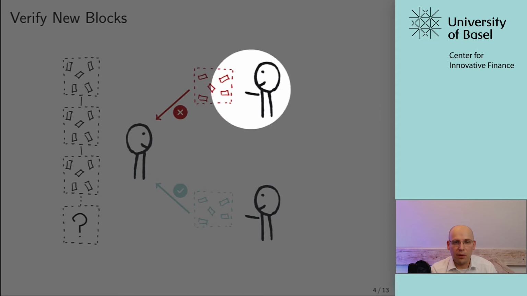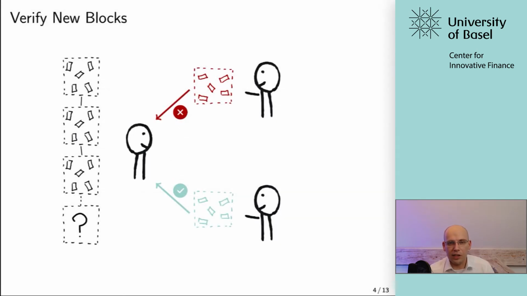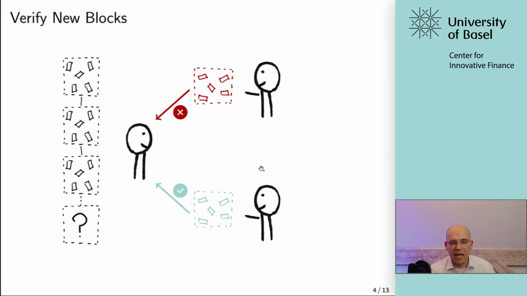For example, when this node right here hands over a block, which is a collection of transactions, then this node right here can quite easily verify it. And in this case, it contains some invalid transactions. And here, let's say this node has a collection of transactions that is valid. Also, the block itself is valid. It relays it, you get it, and then you can verify and you see everything is legit.